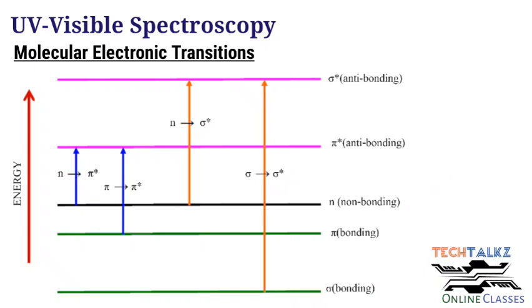Now we can check the allowed electronic transitions. Suppose there are non-bonded electrons and bonded electrons in pi and sigma molecular orbitals. If you pass light rays, the electrons will absorb this light energy and move to higher energy levels. The non-bonded electrons can move to pi star or to sigma star.